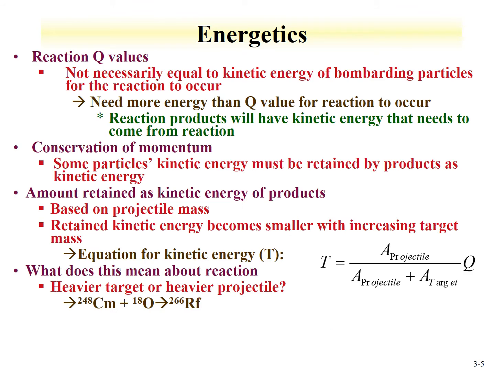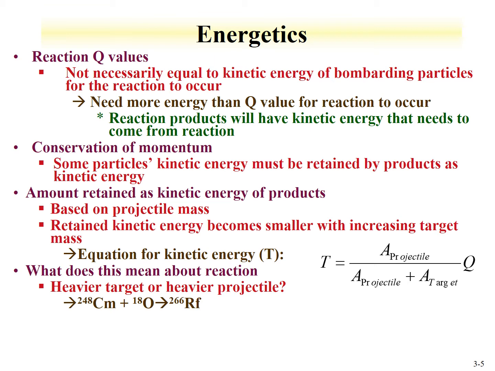Let's continue evaluating these energetics in reactions and discuss the Q value. The Q value is not necessarily equal to the energy necessary for the reaction to occur. Oftentimes, for a reaction to proceed, the energy needs to be greater than the Q value, because the products will also have kinetic energy that needs to come from the reaction.